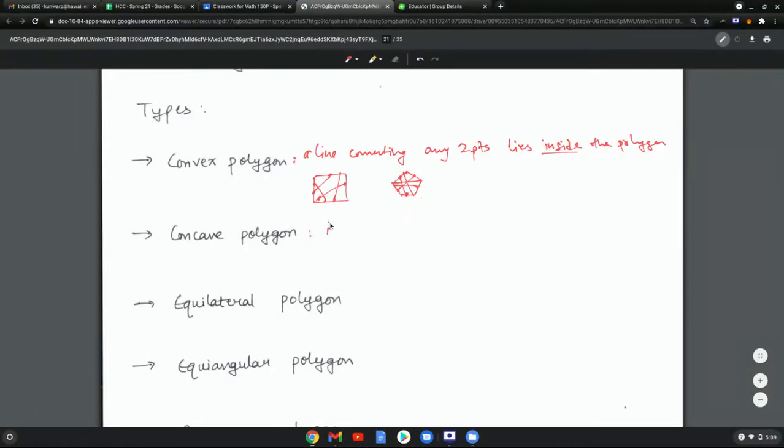Concave is if lines connecting any 2 points are not entirely inside the polygon.